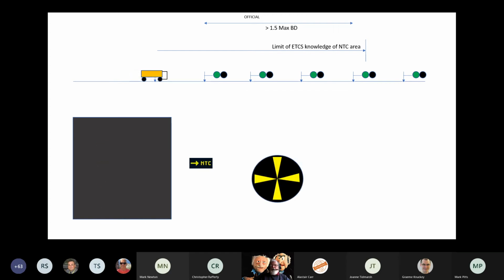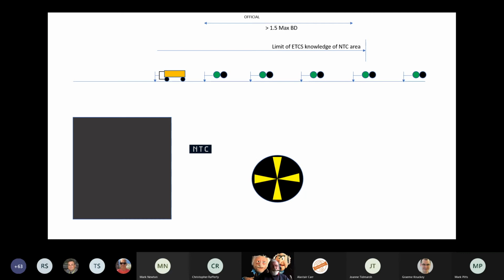And as they pass the transition, then they will enter level NTC. They will have to acknowledge it, which is shown by the yellow NTC icon, and the TPWS and AWS will start to be activated, and the AWS sunflower will be displayed to remind them they're now in an AWS TPWS area.